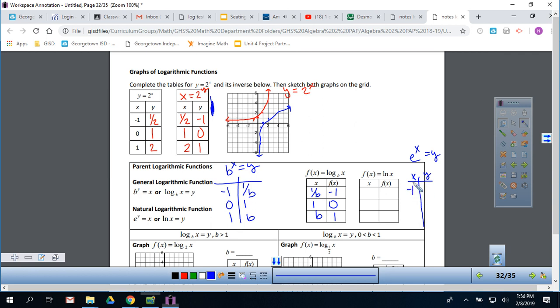So if I have e to the negative 1 is 1 over e, e to the 0 is 1, and e to the 1 is e. So now to get to the natural log of x, I'm just going to flip my table, my column. So I'm going to have 1 over e, negative 1, 1, 0, and e, 1.